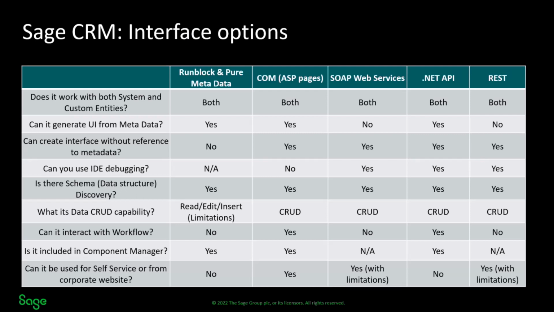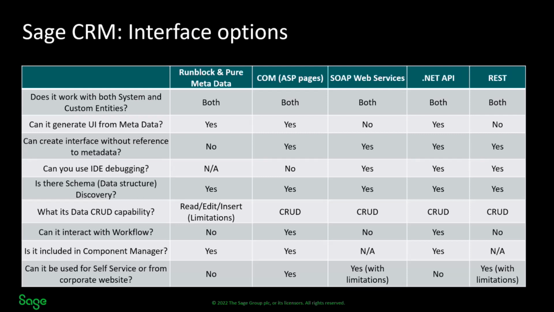So in the case of something like RunBlock, you can see that absolutely you can use it with custom entities, you can use it with the core entities within the system. It's there to generate the interface. It's not suitable if you want to add sort of data management elements into the interface, because it has to work on structures that exist in the database, so it can't do things without reference to the metadata. So that's an immediate limiting factor.